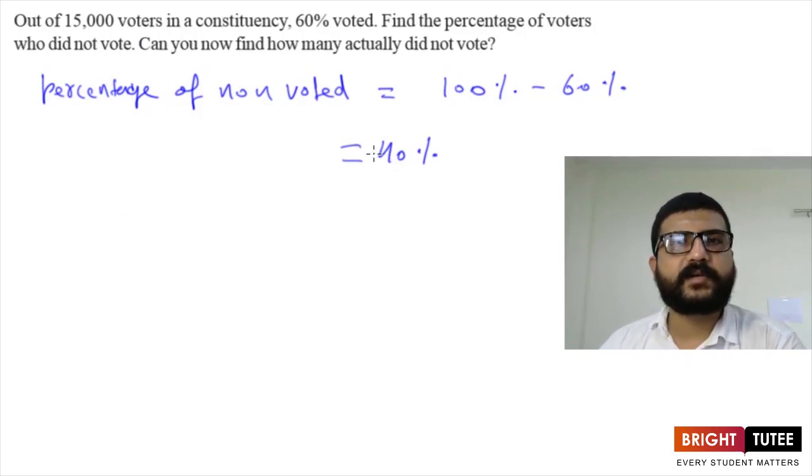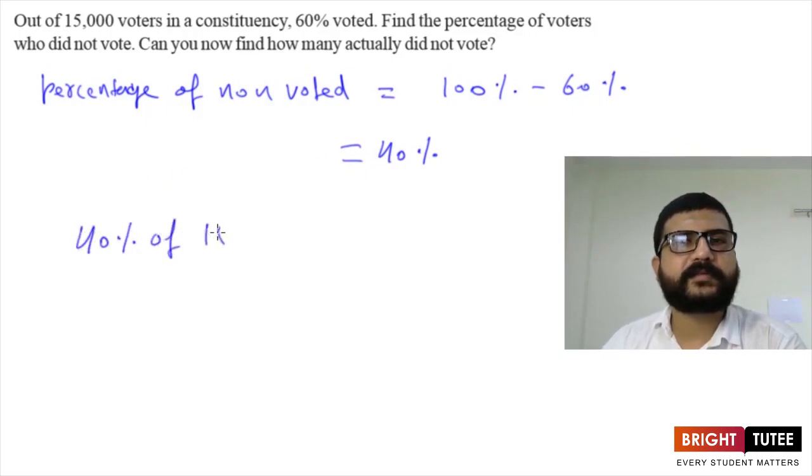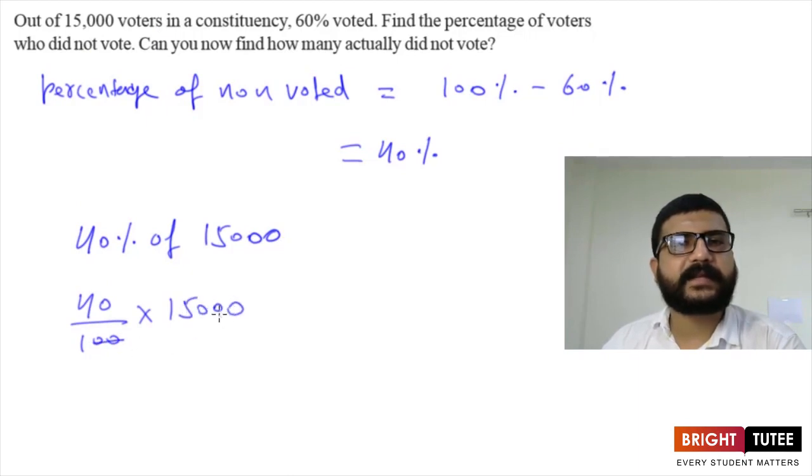So what is the actual number who has not voted? It is 40% of 15,000, as there are 15,000 voters. Now let's simplify this. We will get 40 upon 100 into 15,000. Now we can cancel these two zeros with these two zeros.